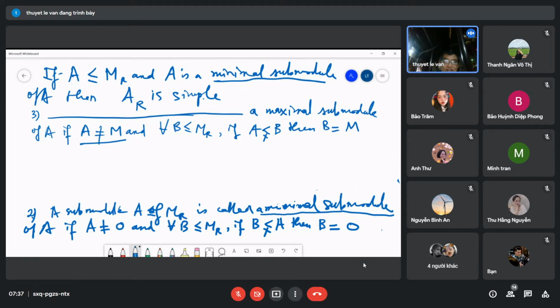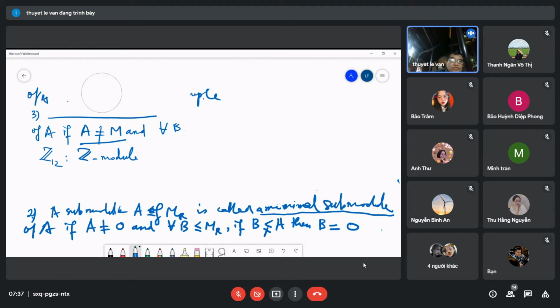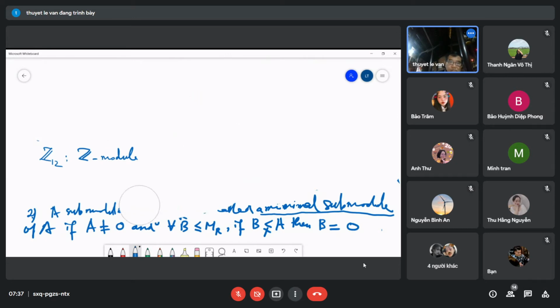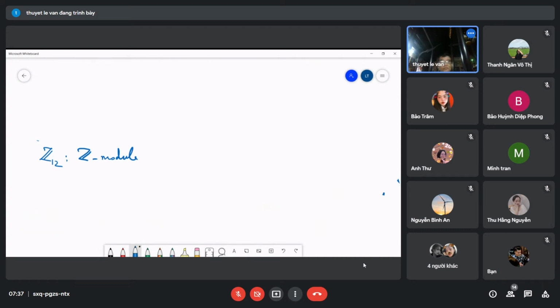So I can take some examples here for easy understanding. For example, you can take Z12, and consider it as a Z-module.